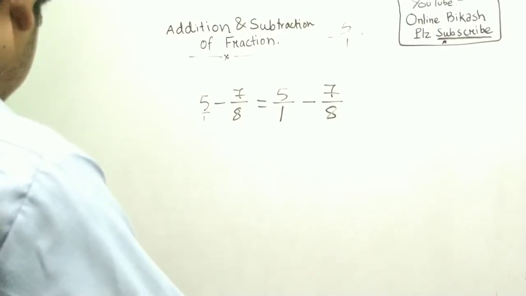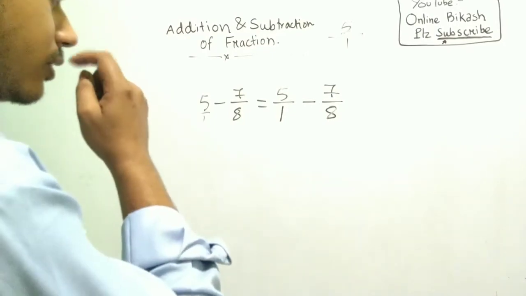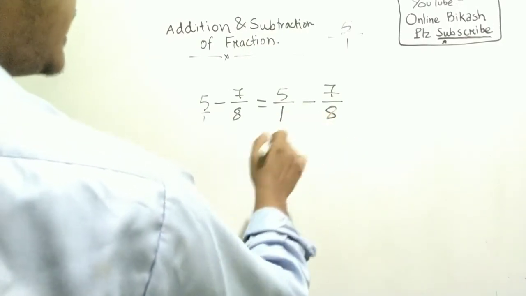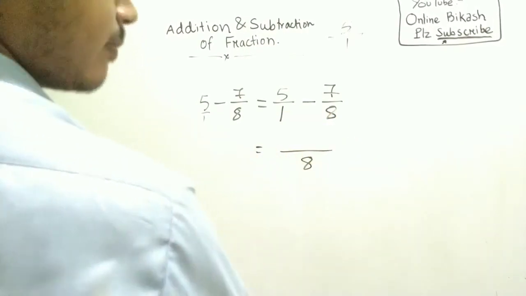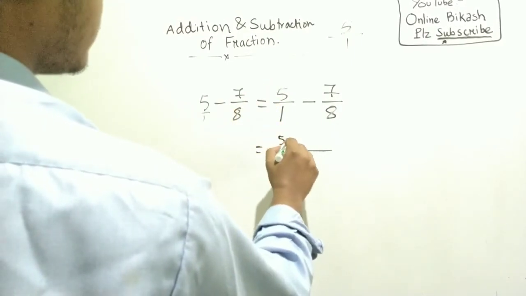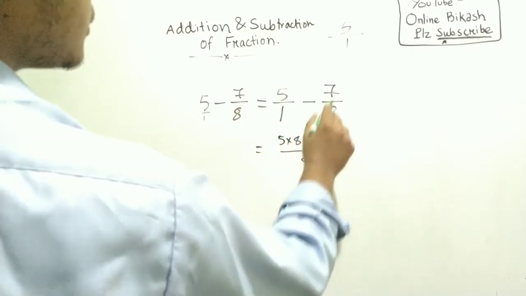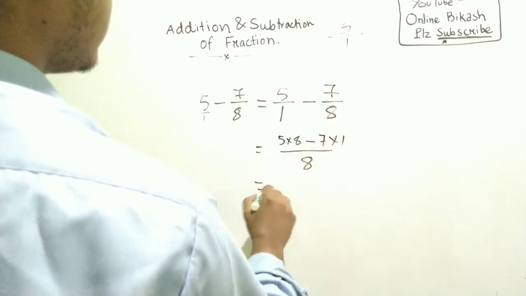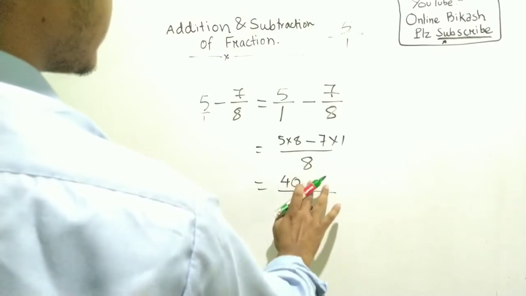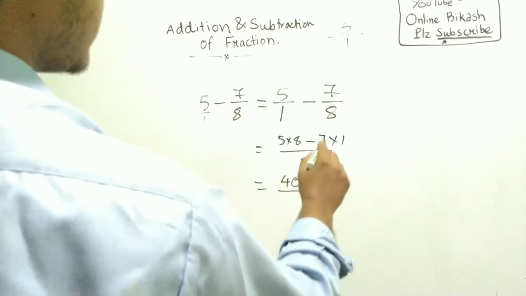Is it clear? Now the same way we have to proceed. The LCM of 1 and 8 will be 8. So 1 8s are 8, so 5 8s are 40. And 8 1s are 8, so 7 1s are 7.